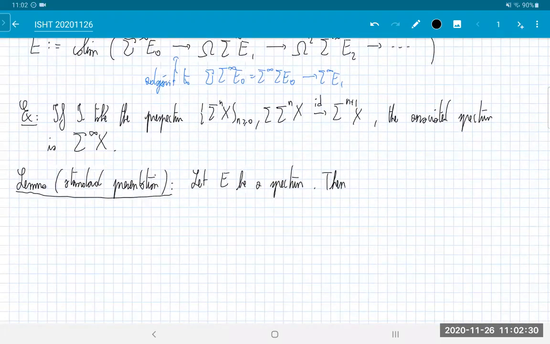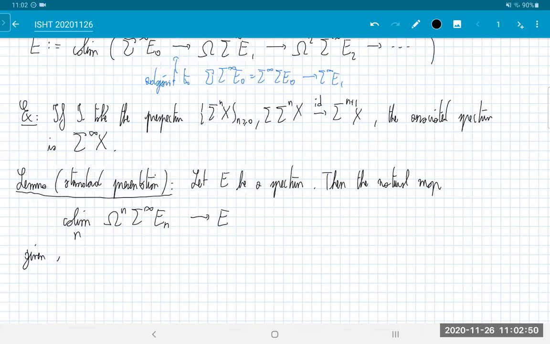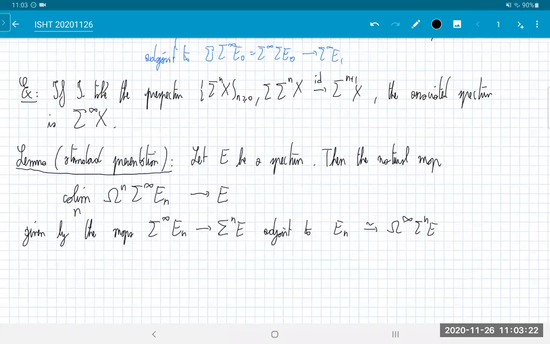Then the natural map from the colimit over n of omega n sigma infinity En, where En is the n space of my spectrum, to E, given by the maps sigma infinity En to sigma n E adjoint to the identity, this last equivalence is literally the identity actually for how I define things, is an equivalence.